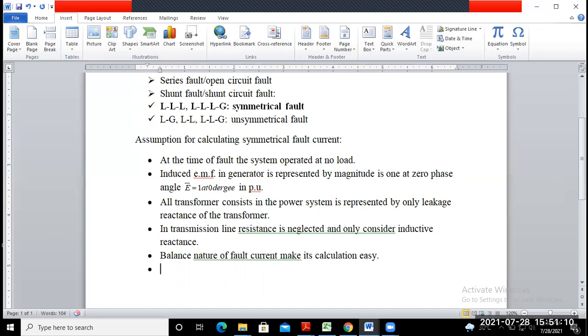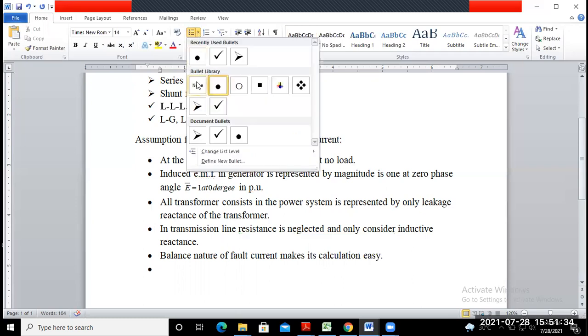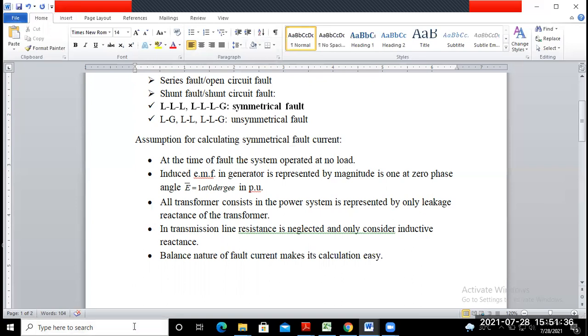So next we consider what are the steps involved in three-phase symmetrical fault current calculation.